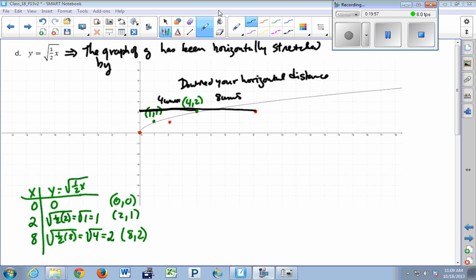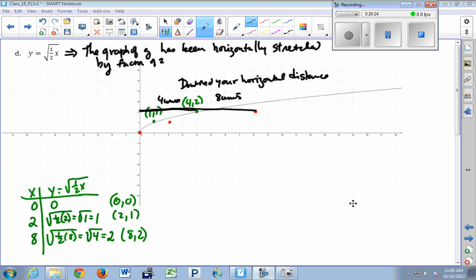Whenever you describe a stretch, it has to be a number bigger than 1. It's been stretched by a factor of 2. Remember, you always divide, to get this number here, 2, you always divide this number by 1, which means take the reciprocal of whatever this coefficient is inside. The reciprocal of 1/2 is 2. Everything has to be doubled.